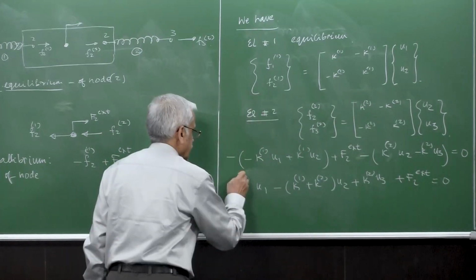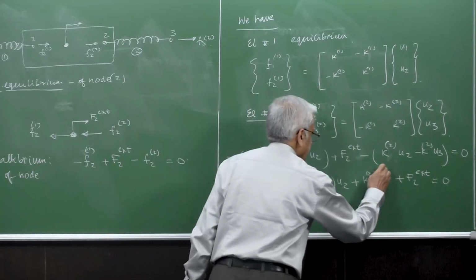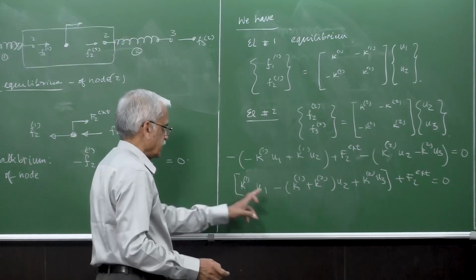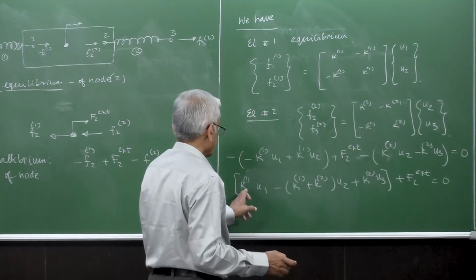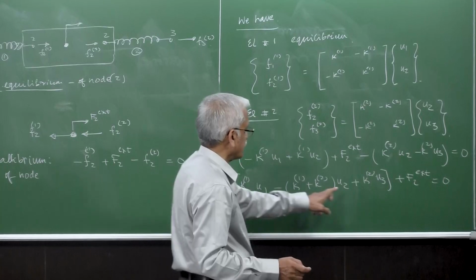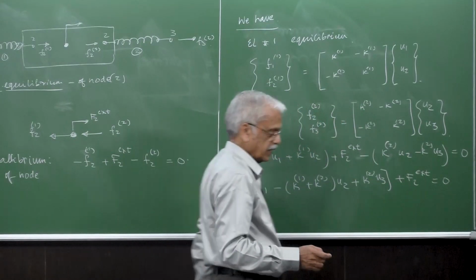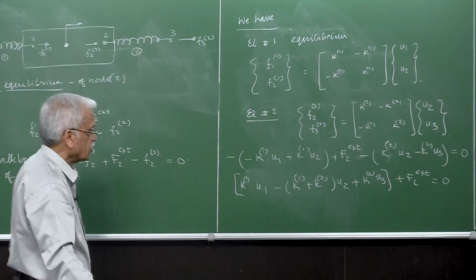What we can see is that the term in the bracket depends on the material constants, the spring constants, and of course the nodal displacements U1, U2, U3, whereas F2 is the external force.